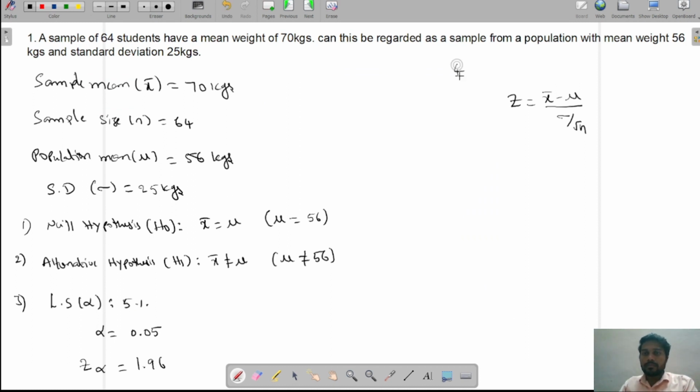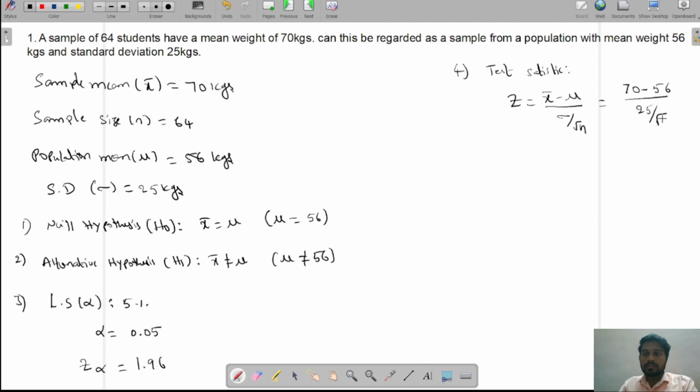Fourth step, that is test statistic, right? The formula z equal to x bar minus nu by sigma by root n, so which is equal to x bar is nothing but 70 minus nu is 56 by sigma is nothing but 25 by under root of n.